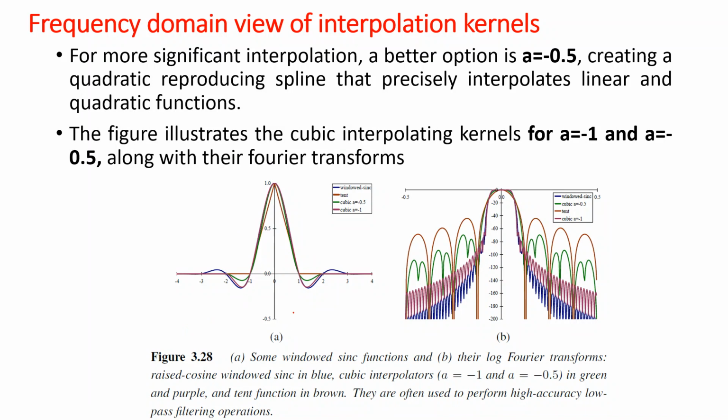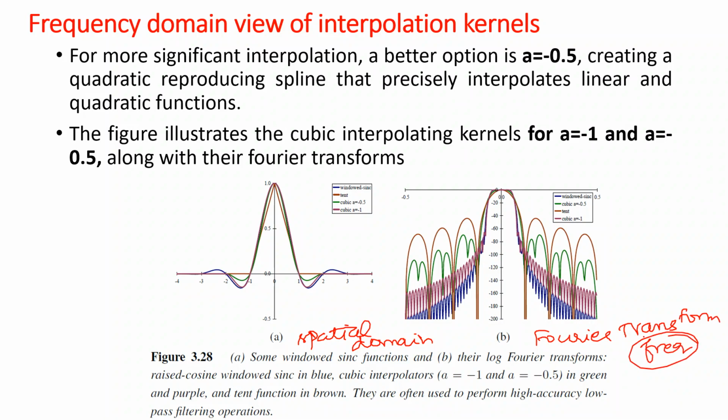Figure A represents the spatial domain result, and figure B represents the Fourier transform result. Fourier transform is nothing but frequency representation. The Fourier transform is mainly used to convert the signal to the frequency domain, right?